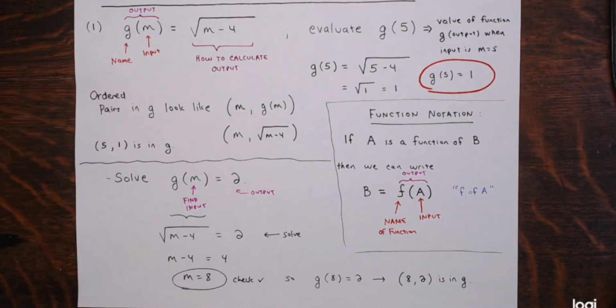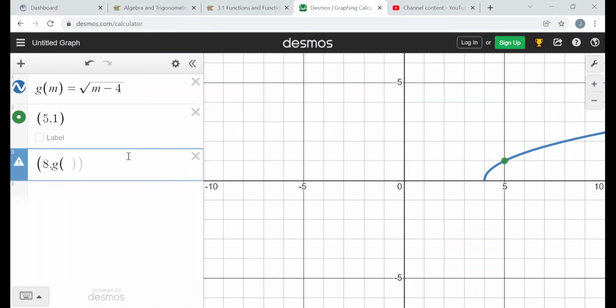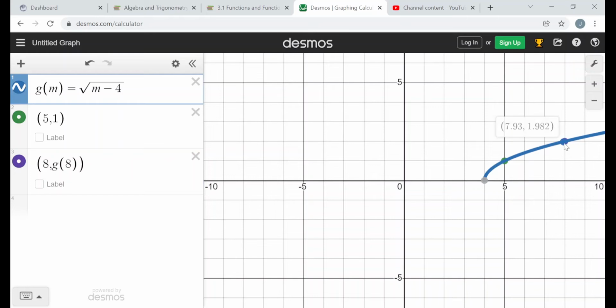And you go to our graph again. I'll show you. Here's 8, g of 8. And look at that, it's 8, 2. They put up the point. Let me label it. There's C, 8, 2. Beautiful. Desmos is very nice to help you visualize some of this stuff.